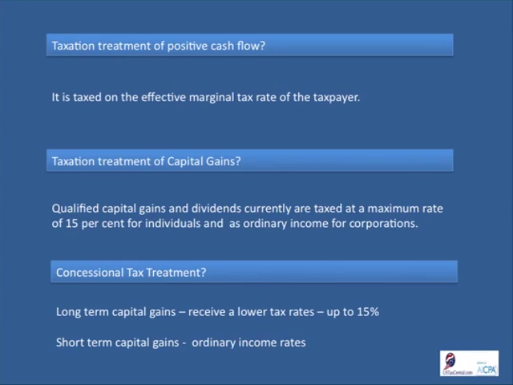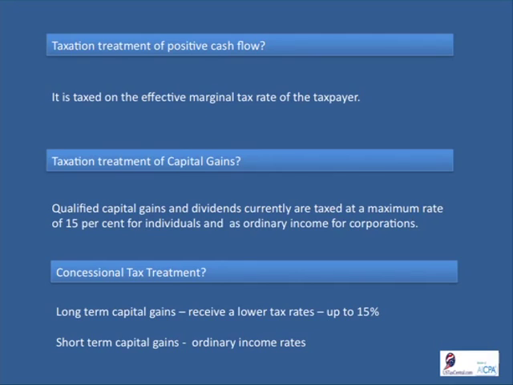But if somebody has a corporation, the corporation doesn't get preferential treatment in terms of dealing with capital gains. The corporation has graduated tax rates from 15% up to 35%. So it's dependent on the annual income for that corporation in that given year, and that will be the effective tax rate. For a person to enjoy the 15% tax rate in the USA, they need to have held that asset for at least over a year.